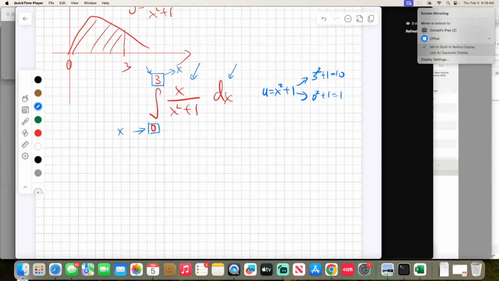Kids usually don't remember this because of the horizontal line test. A parabola does not pass the horizontal line test, so it cannot have an inverse function.